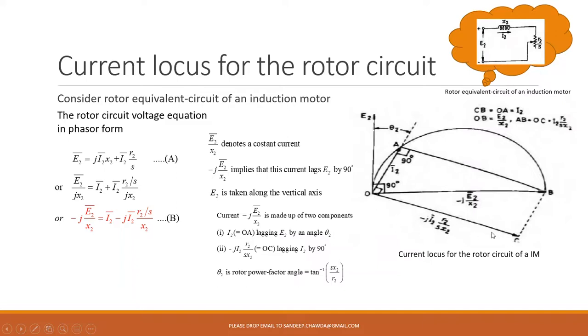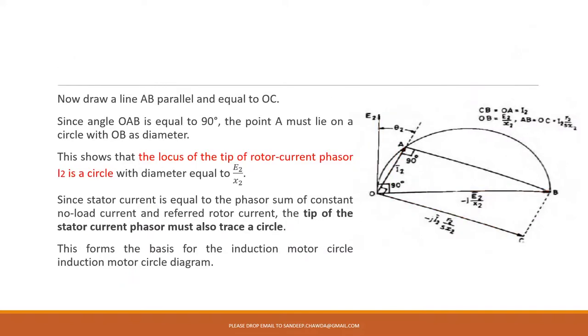So OC is known to us, and the value of AB will be given by this value. Because it is a rectangle, the value would be the same. I have shown this for better understanding.